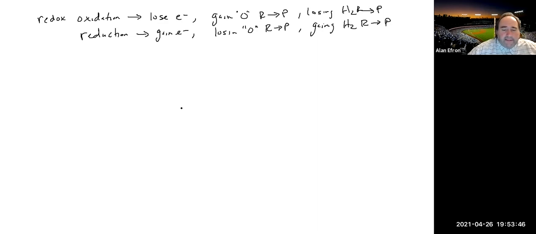So what happens in this type of reaction depends on the alcohol that you're dealing with. A primary alcohol, as we talked about at the very end there, will go through an oxidation reaction. And the oxidation reaction we're talking about here in terms of our primary alcohol is this right here.